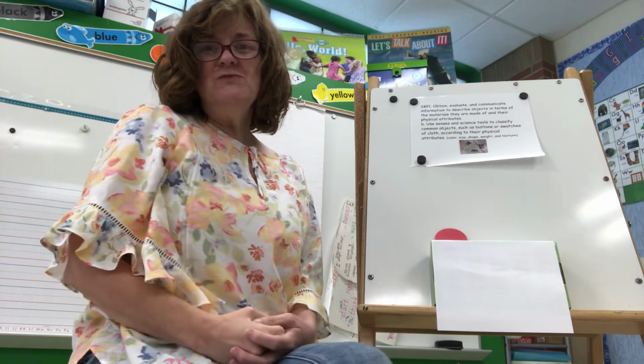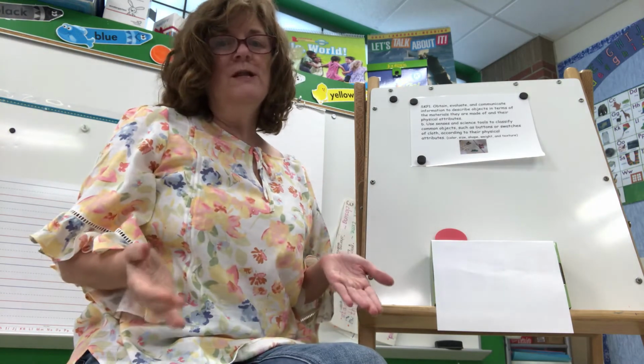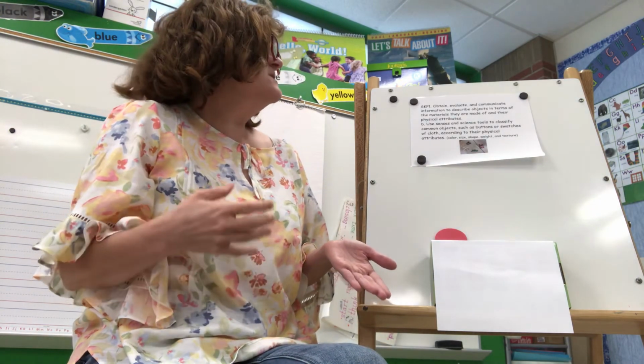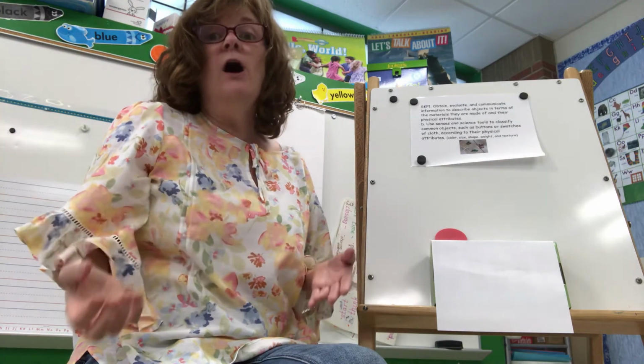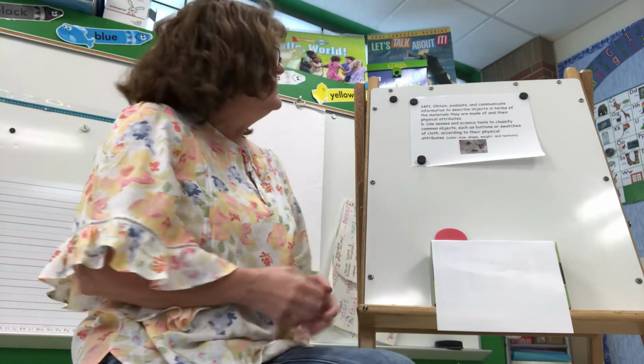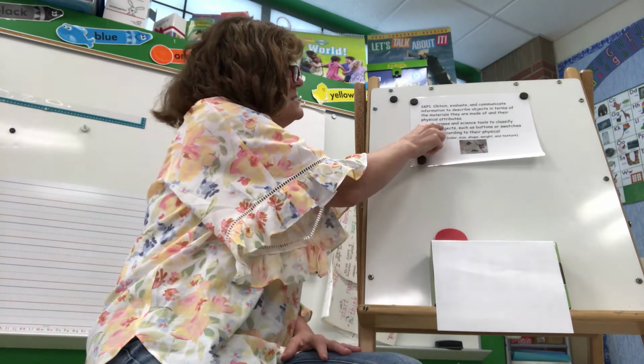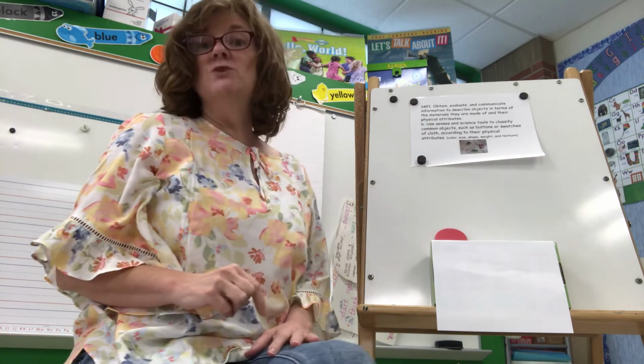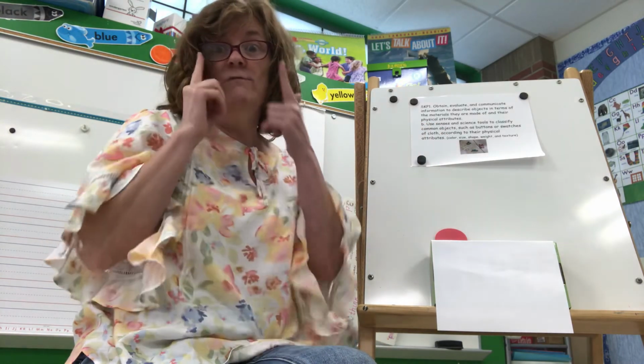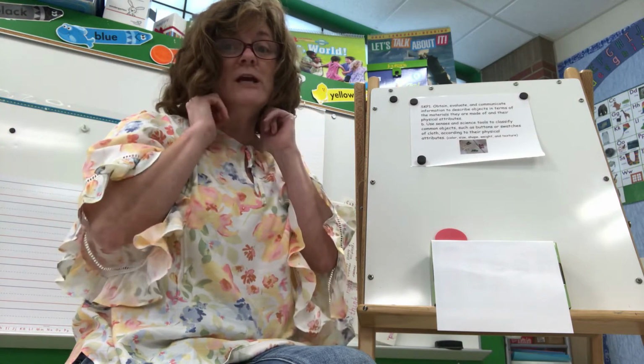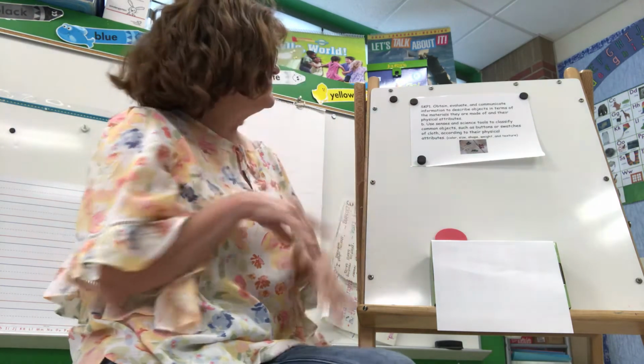And attributes, that's just a big word that means things like color and size and shape, what an object looks like. Now down here where it says use senses, most of us know that means we're talking about our five senses, like our vision, our smelling, our tasting, our hearing, and our touch.